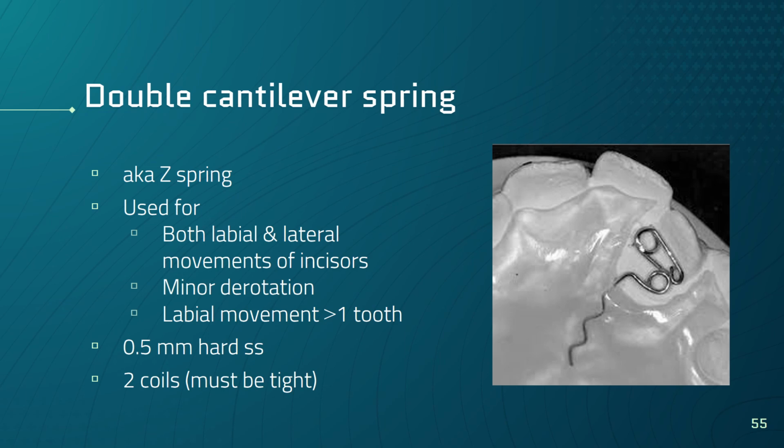The double cantilever spring is also known as a Z spring. It is used for both labial and lateral movements of incisors. It can also do minor derotations, and it can also do labial movement of more than one tooth. Made from 0.5 millimeter hard stainless steel wire, and there are two coils in the clasp.